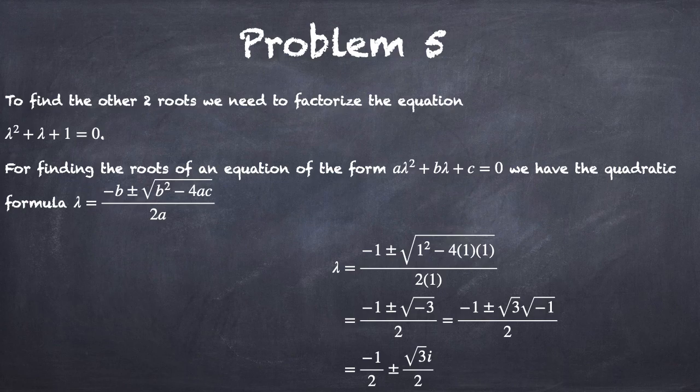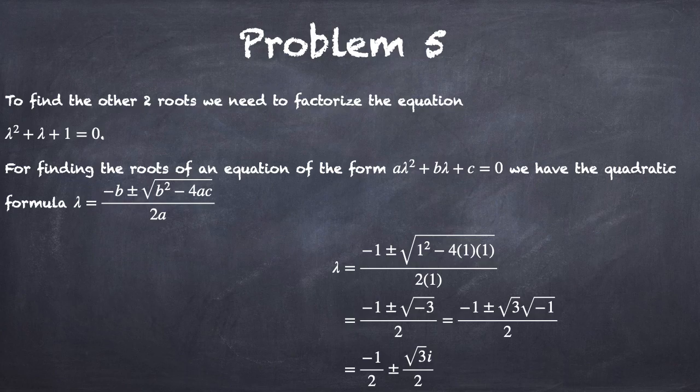We found the first root as lambda equals 1. To find the other two roots, we need to solve lambda squared plus lambda plus 1 equals 0, and we'll use the quadratic formula for that, because you cannot split the middle term and obtain the two roots in this case.